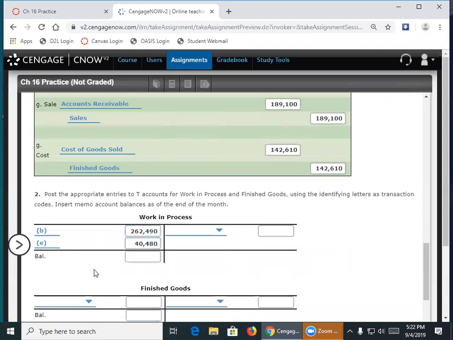If you want, when you know that you have to do them, you can do the journal entry and then scroll down and do the T account. But I find if I just jot them down on a piece of paper, and a lot of times I will label them A, B, C through the transaction, that way it's easy to fill in.